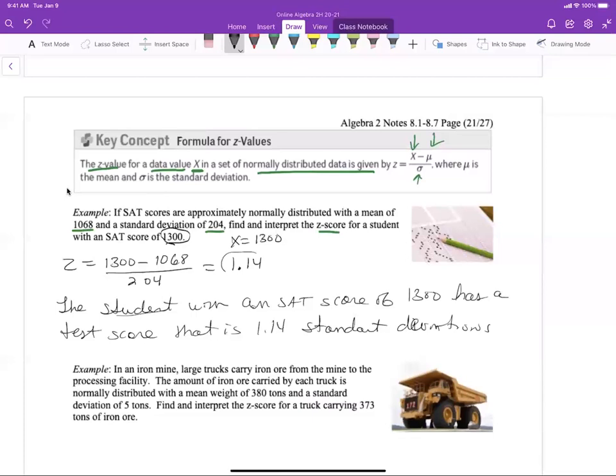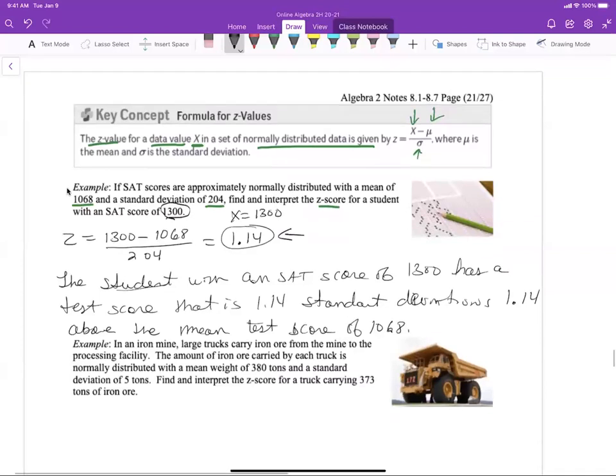Now, this is a positive number, and even if it was negative, we're still going to report it as positive. We have 1.14, and because it's positive, it is above the mean. So the student who has an SAT score of 1300 has a test score that is 1.14 standard deviations above, because it came out positive, the mean test score of 1068.